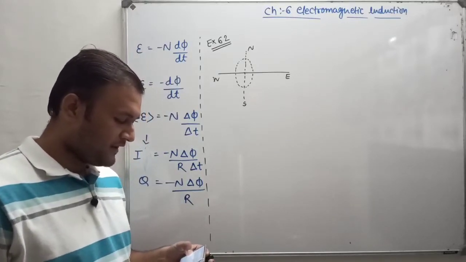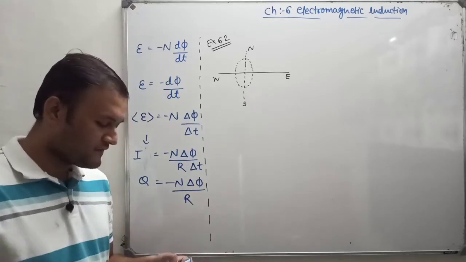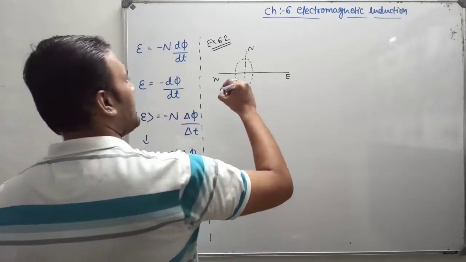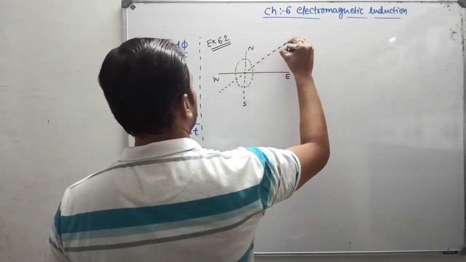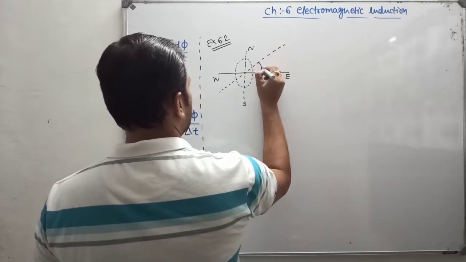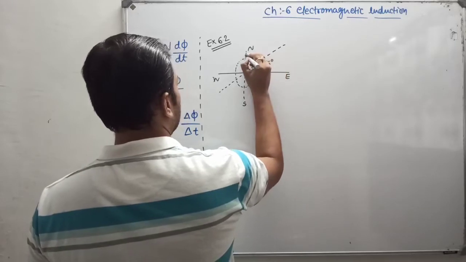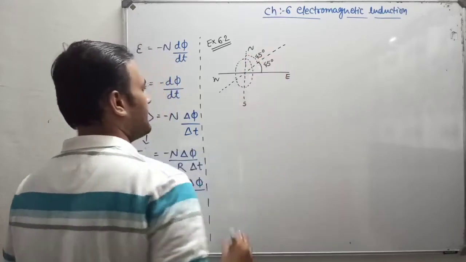A uniform magnetic field of 0.10 Tesla is set up across the plane in the northeast direction. Here it will be in the northeast direction, so it makes an angle of 45 degrees.